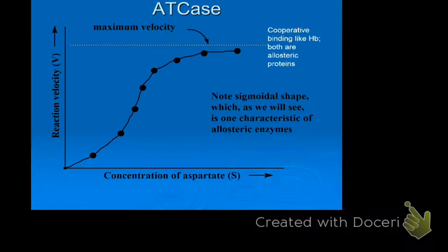It has cooperative binding just like hemoglobin, and so it's called allosteric interactions. Not every enzyme is cooperative like that, and I have to tell you, it makes the math much more difficult when it's cooperative. If you get something that's not allosteric, then it's much more simple.